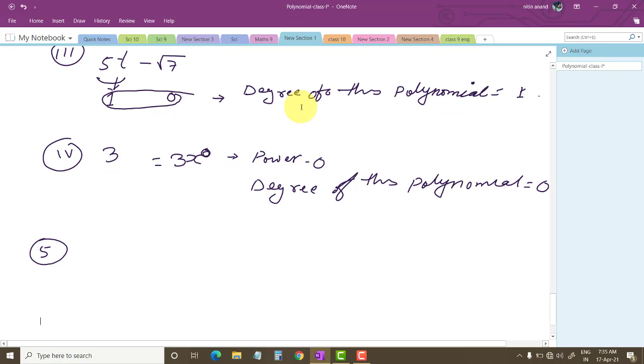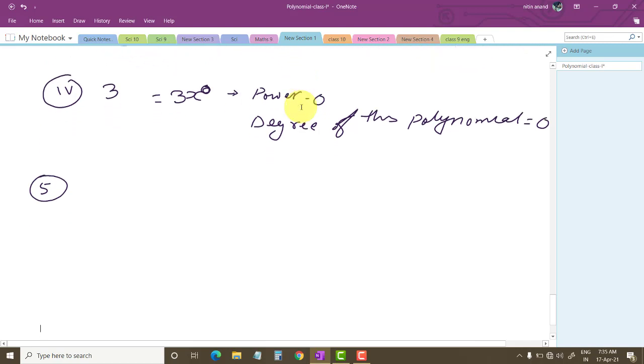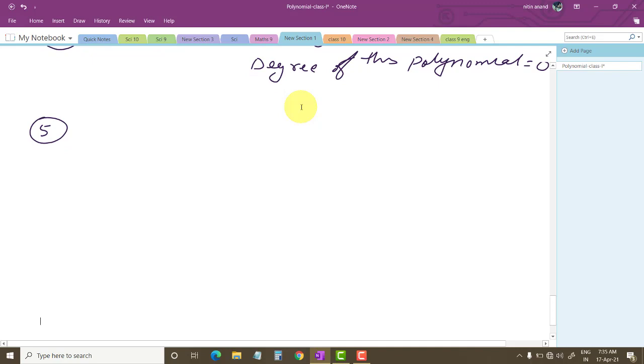This is the place for question 5. Now see, this is our linear. Which types of polynomial will we say? Linear. The classification of polynomials, I have told you, is on the basis of their degree.